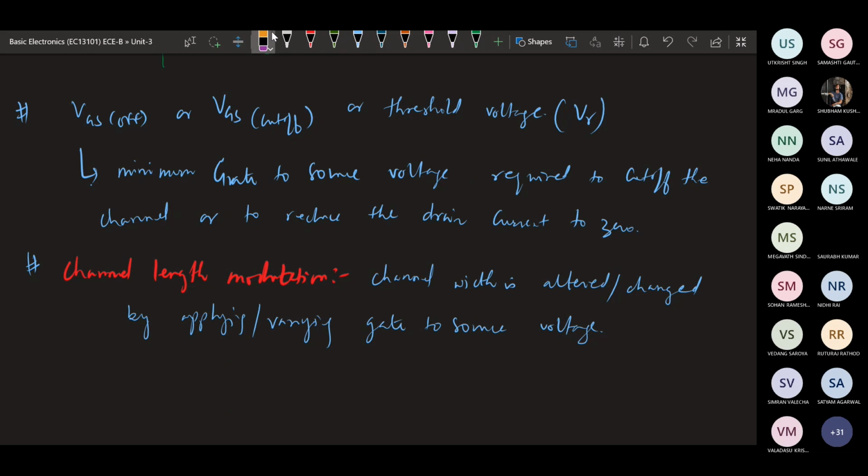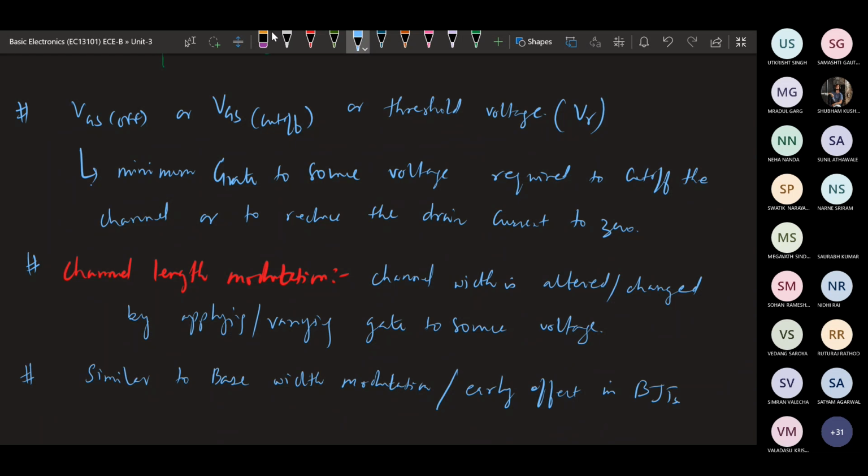Okay, it is similar to base width modulation or early effect in BJTs.